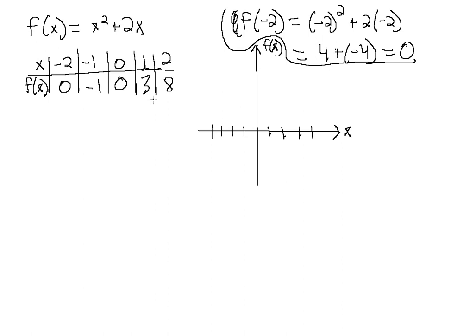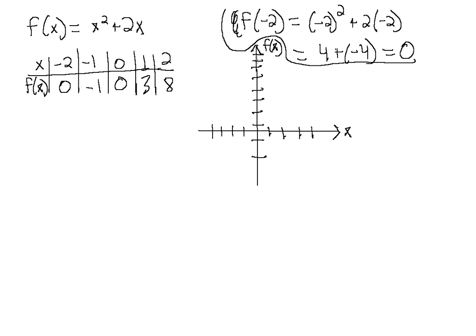For f of x, the lowest point that we're being asked to solve for is -1. Our function never goes below -1, and we'll actually see that when we graph this thing. But we do see that we have the function 8 up here, so we do want to make sure we include the point 8 right up there.